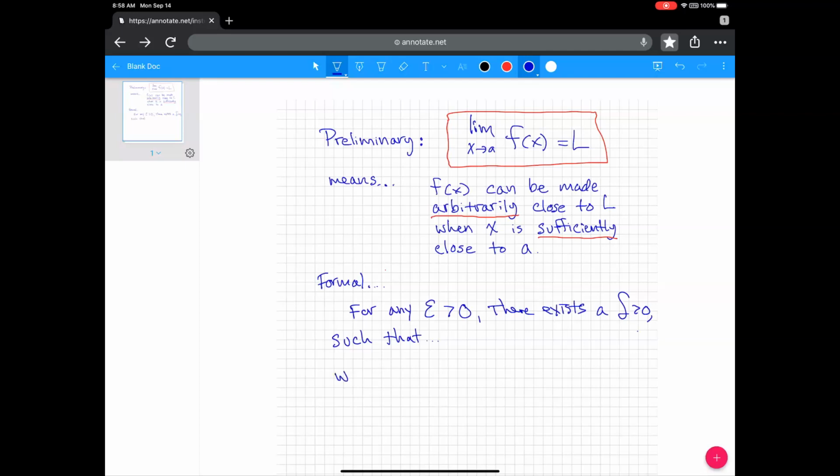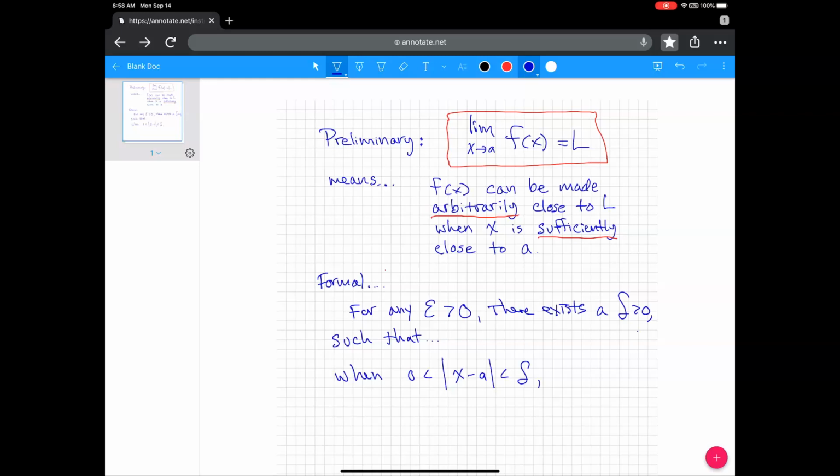when 0 is less than the absolute value of x minus a is less than delta. So what does that mean? That means when x is sufficiently close to a, and what is sufficiently close? Where the difference between x minus a is less than delta. Delta is the number that says how close x needs to get to a.